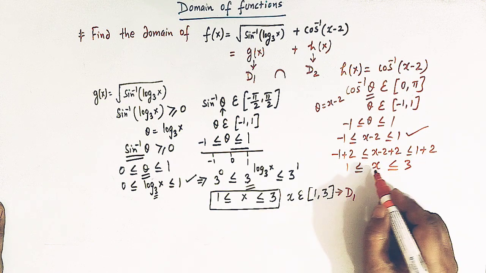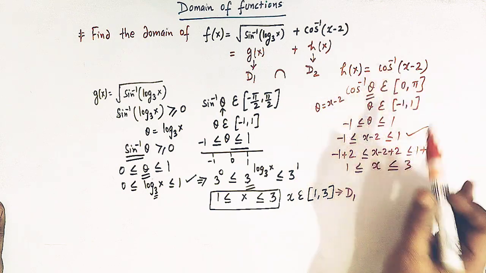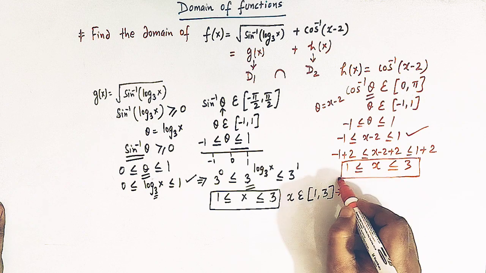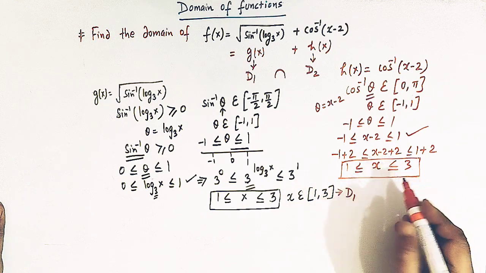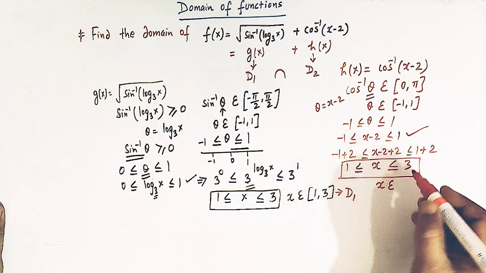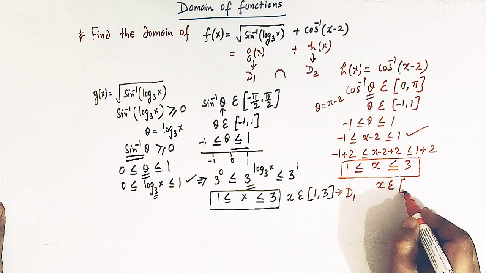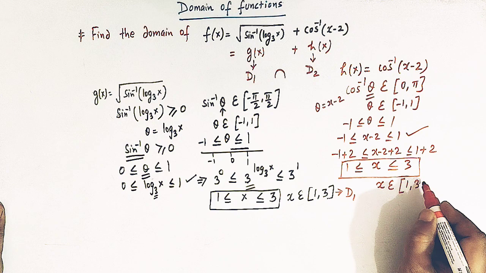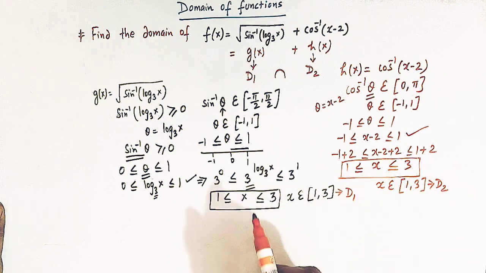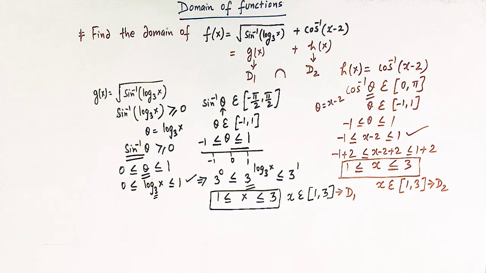Right? So the domain of this function is given by this inequality. And we can easily see that this inequality can also be written in the interval form, that is x belonging to the interval 1 to 3. Right? So this is the domain of this function h of x.